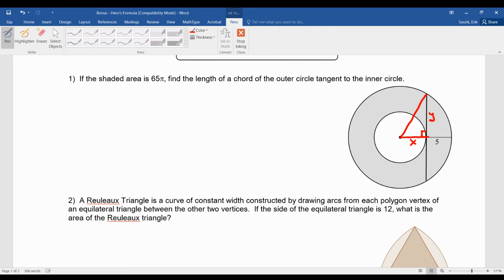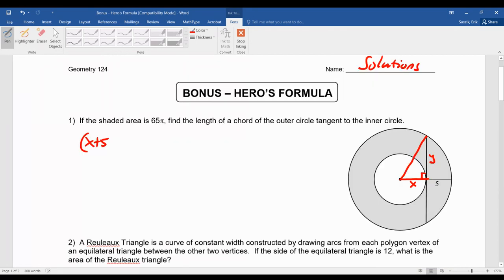To solve this, we can set up a little equation. The area of the whole thing, of course, that would be pi r squared. Well, r would be x plus 5 squared times pi minus the inner circle, which is pi r squared.